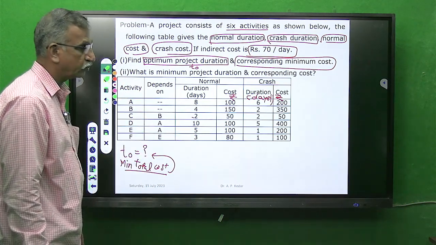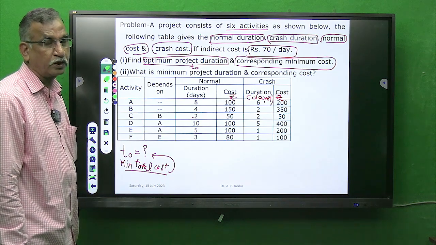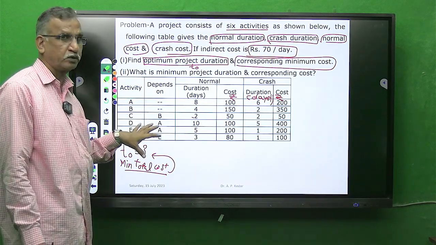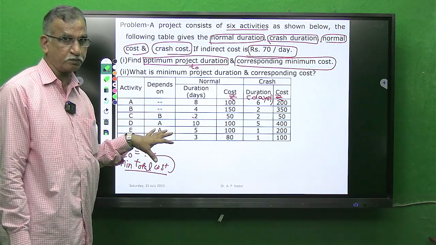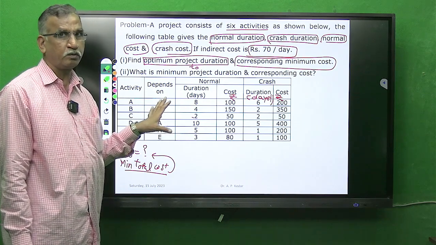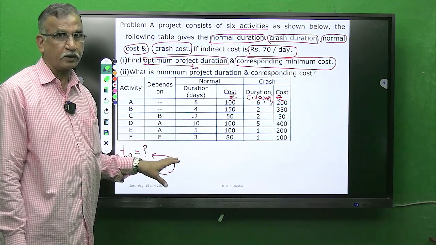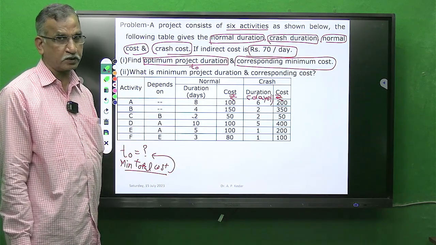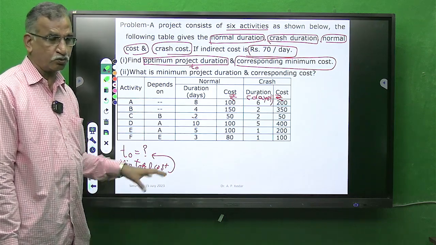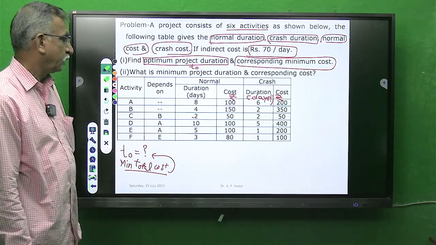Now first what you have to do is draw the network from the given logical relationship, and then we will be plotting that network on a time scale version graph. How to do that we will see.